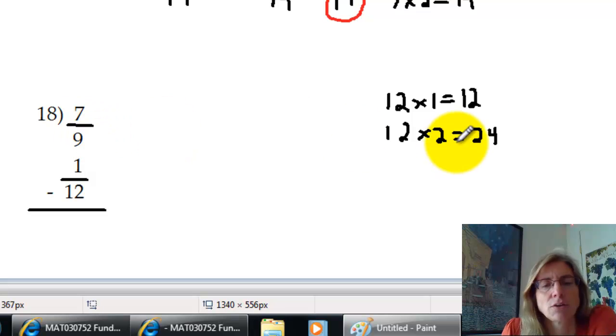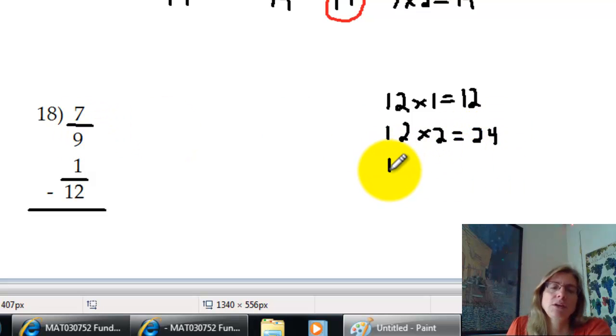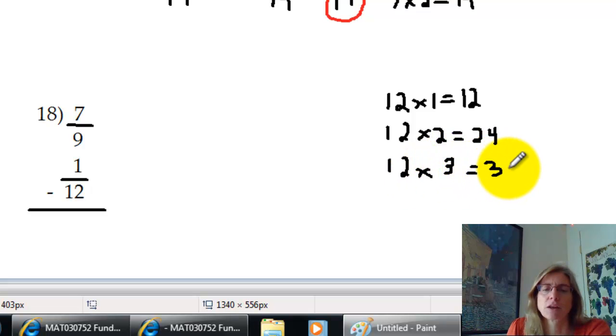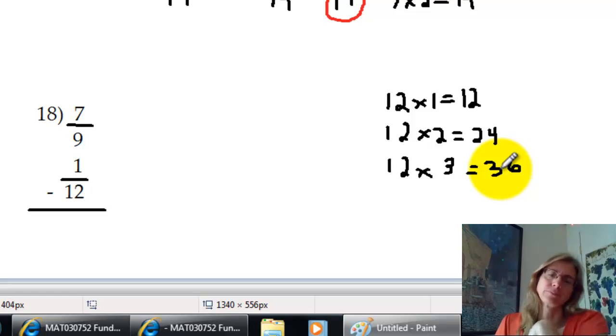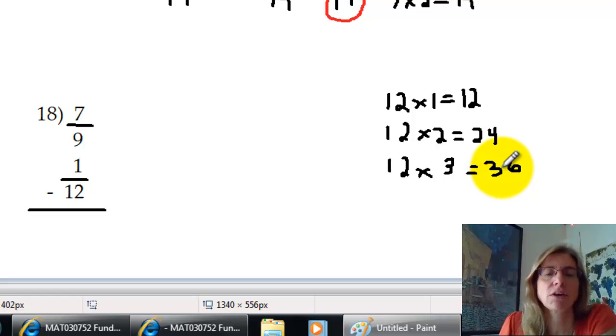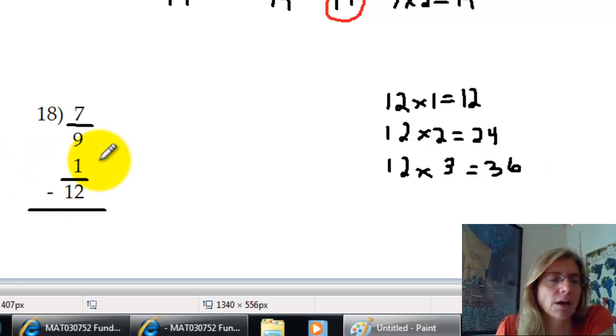Then you say, does 9 go into 24? It does not. So you keep going to the next multiple of 12, which is 36. And you say, does 9 go into 36? Yes, it does. 9 goes into 36 4 times. So 36 is the common multiple and the least common multiple between 9 and 12.